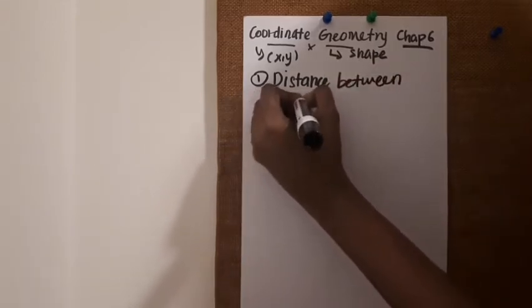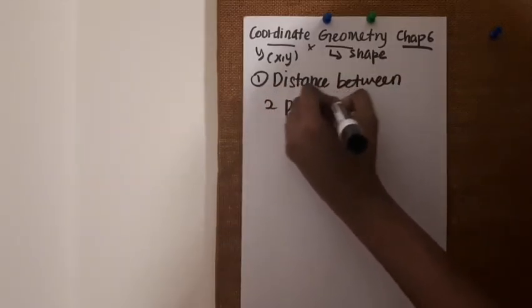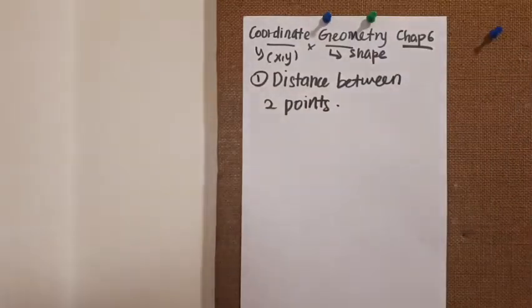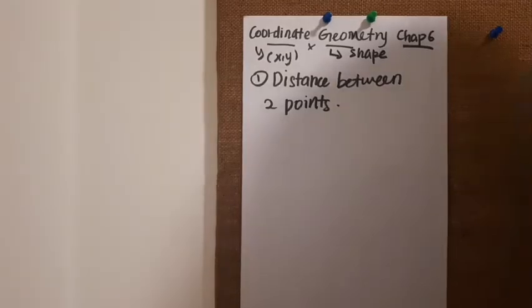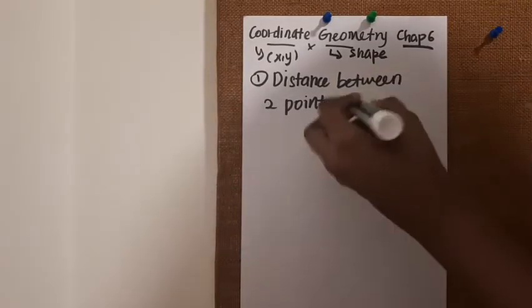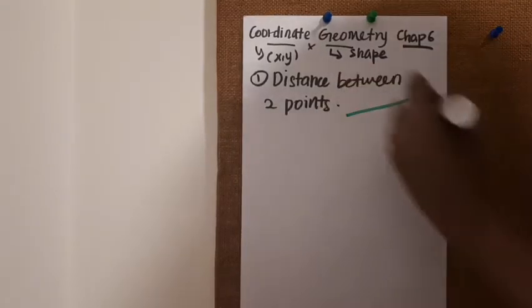Why should we learn about distance between 2 points? This is very important if you're going to do something related to physics in the future, mostly physics. A distance between 2 points is measured when you have a line.